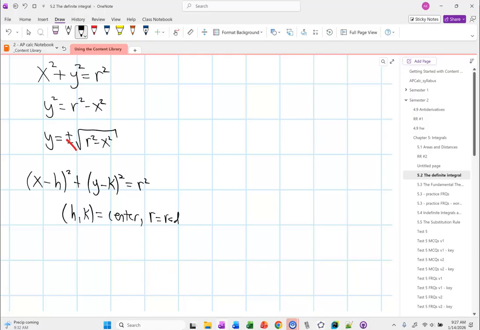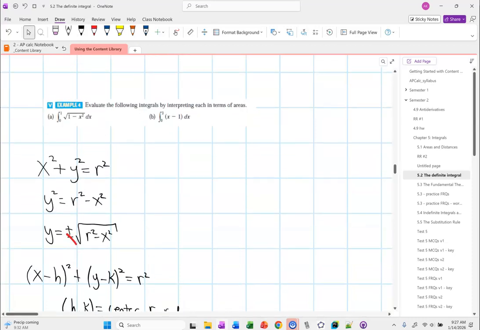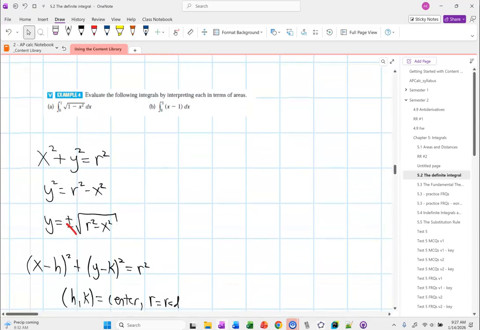Because the most general form of a circle is this, right? Where h comma k is the center. What is the h here? X squared. What is the h? Right? Isn't it 0?